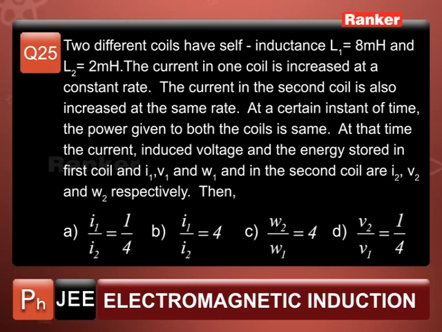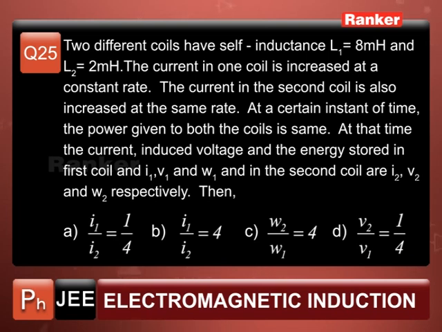Then he is giving us four different options here. One is I1 by I2 is 1 over 4, that's 1:4, that is the ratio of currents. And second option he has given I1 by I2 is 4, so you can understand that I1:I2 is 4:1 according to option 2.